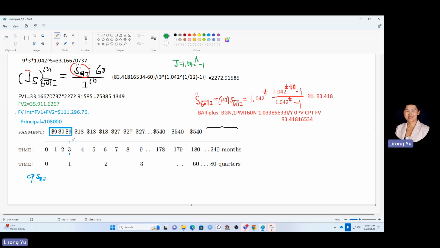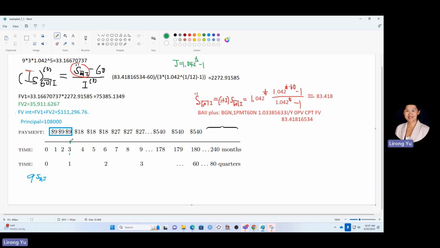Now, if we try to find the future value of this, we have to find how many months in between here and the future value. So I think it's easier to just find the present value of this. So if you make 9 times S3j, that will be a cash flow right here.